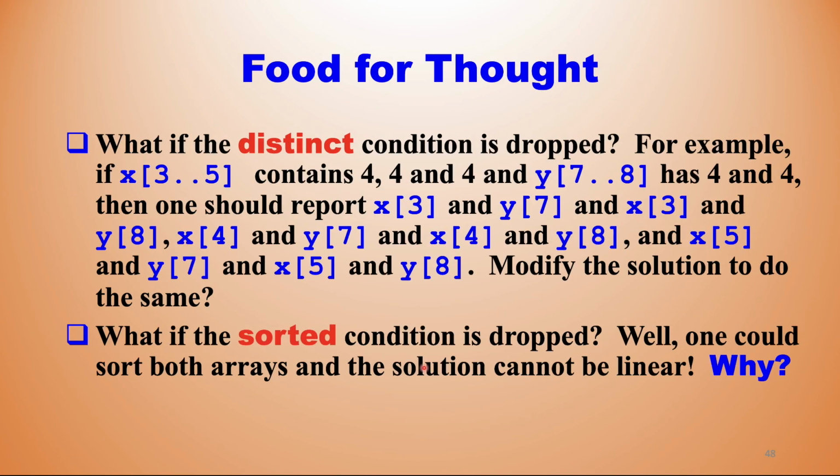Here are some food for thought. We insist that the given arrays are sorted with distinct elements. But what if we remove the distinct condition? For example, suppose X3 to 5 contains 4, 4, 4, and Y7 to 8 has 4 and 4.